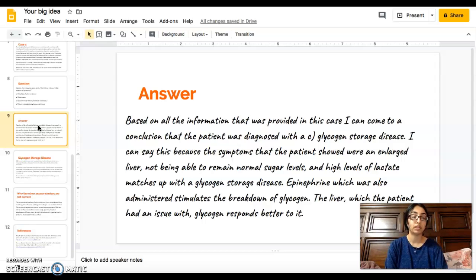Epinephrine, which was also administered, stimulates the breakdown of glycogen. Glycogen is handled mainly by the liver, which the patient also showed she had an issue with.